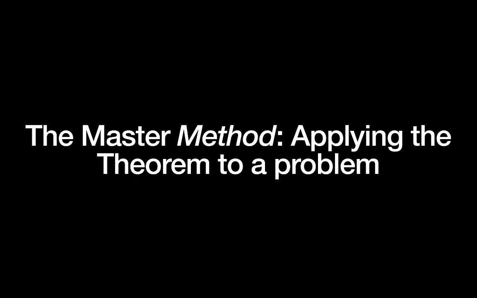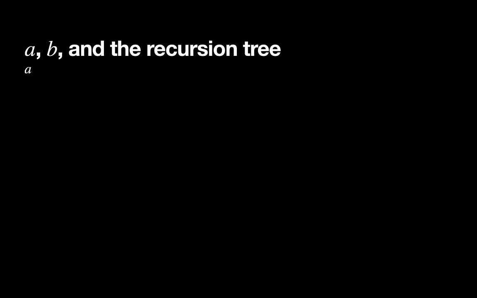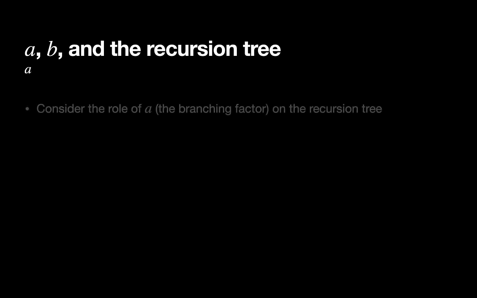Okay, so the Master Method is just applying this theorem to solve a particular problem. Let's gain some deeper intuition about the different features involved, particularly how a and b impact the recursion tree. Let's consider a first and think about the role of a.